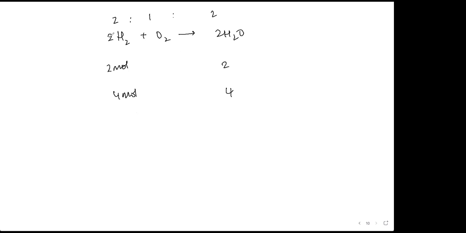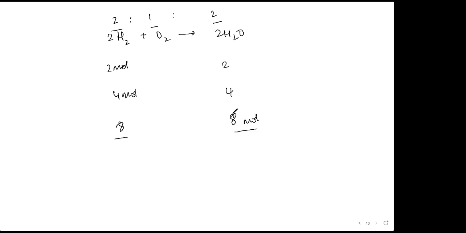I took some amount of hydrogen, some amount of oxygen. I found that I have 8 moles of H2O. That means how much of hydrogen was used up? 8, right? So basically this ratio is always the same. If I found this much, it means that this much has been used up.